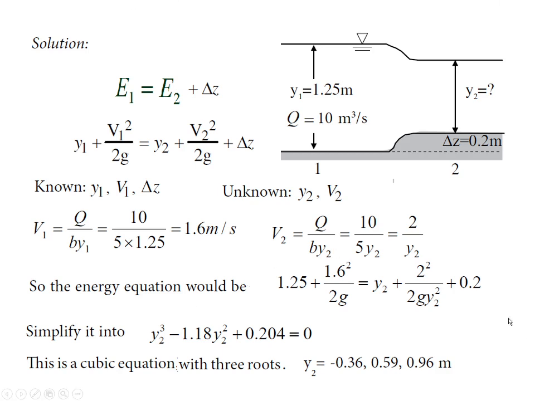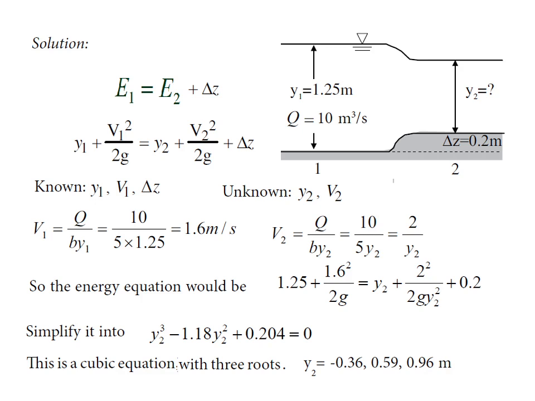This is mathematically true because each cubic equation has 3 roots, but physically a negative root is not acceptable in hydraulics, because water depths cannot be negative. Therefore, the unknown y would be one of these two values, 0.59 or 0.96.